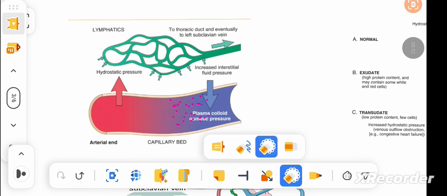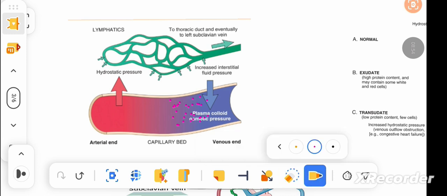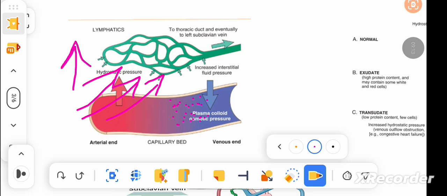Okay, so if we have increased hydrostatic pressure, we're going to have a lot of fluid leaking out of the blood vessel. So here in the interstitium, we're going to have increased accumulation of fluid that will lead to edema.